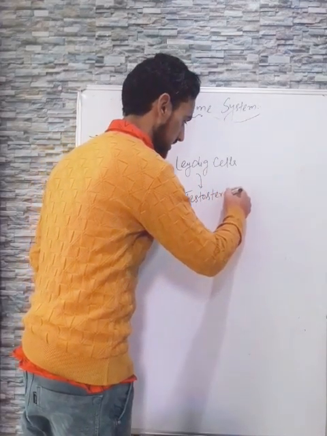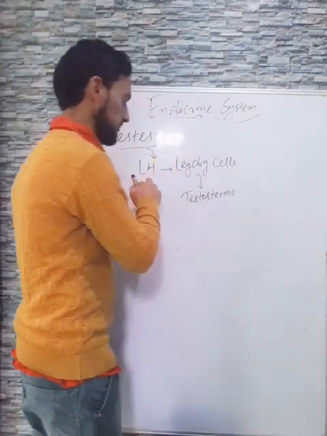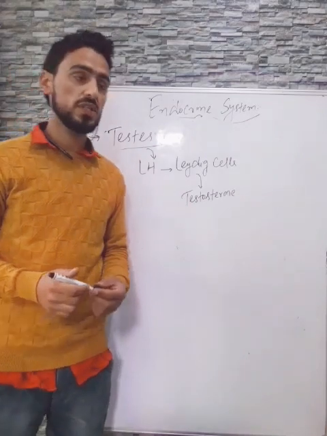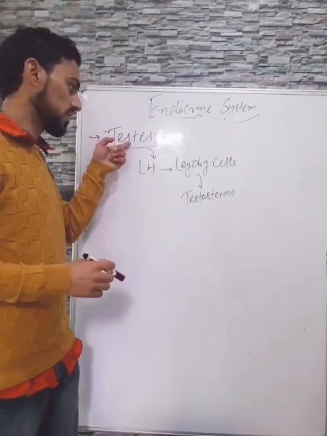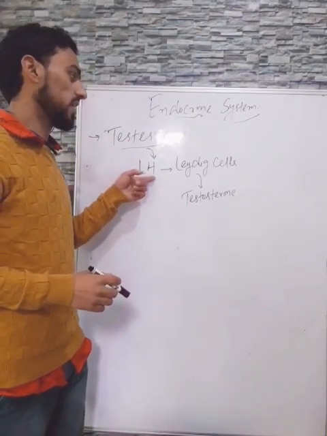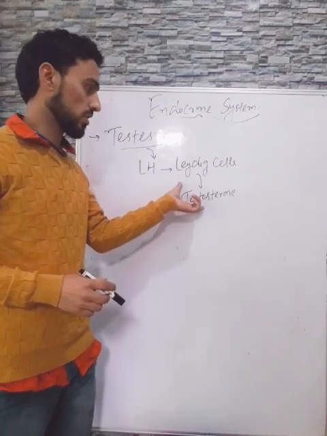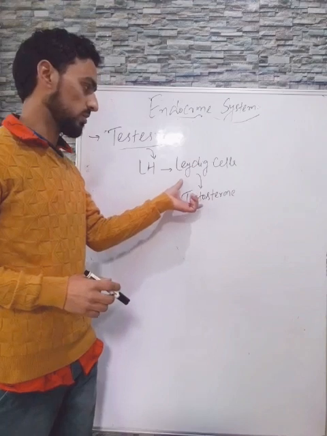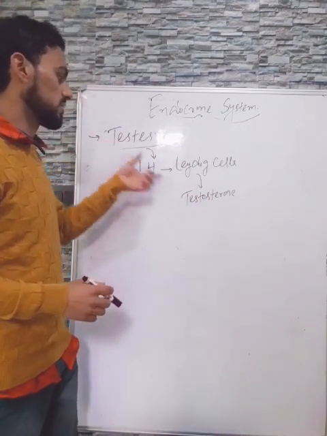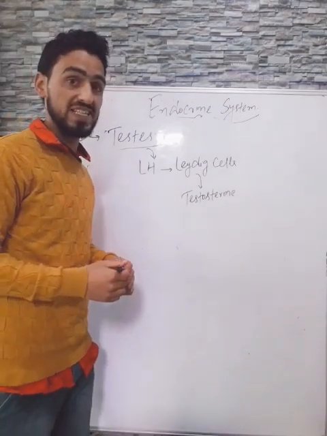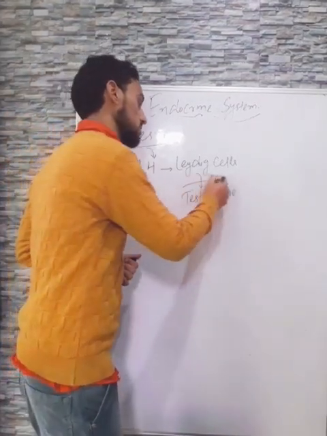As mentioned earlier, the LH secreted by the anterior lobe of the pituitary gland into the blood reaches the testes, affects the Leydig cells, and leads to the secretion of testosterone. This is also known as the male sex hormone.